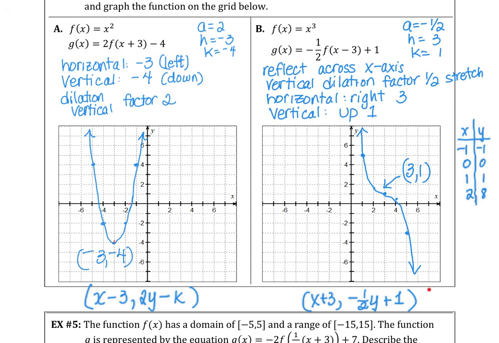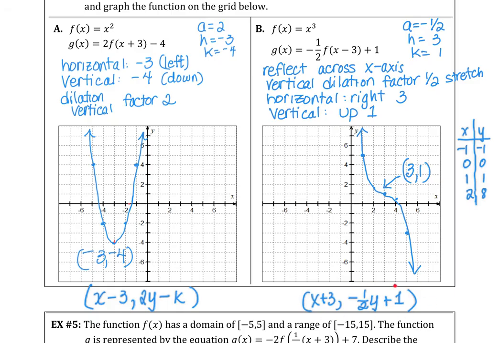If you can come up with the rules for what to do with the x coordinates, if you think about plugging in an x, let's say x is 2, 2 plus 3 moves us to the ordered pair 5 for the x, and then 8 was the parent function y value, so half of 8 is 4, and we want it to be negative. So negative 4 plus 1 puts us at the ordered pair 5, negative 3, and you can see that's what happened in my transformation to produce that g of x graph.